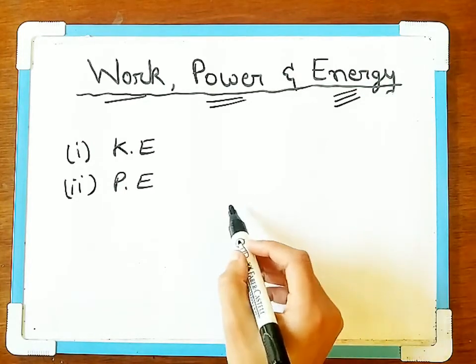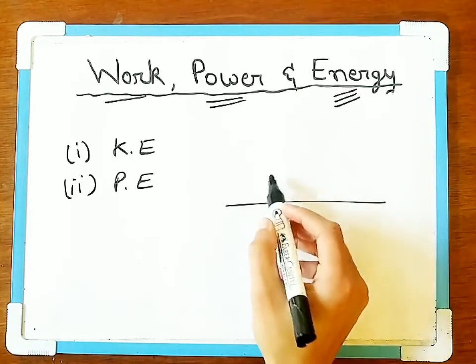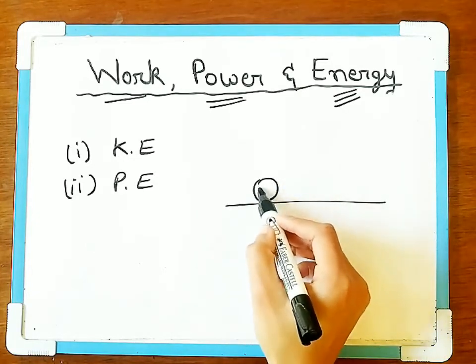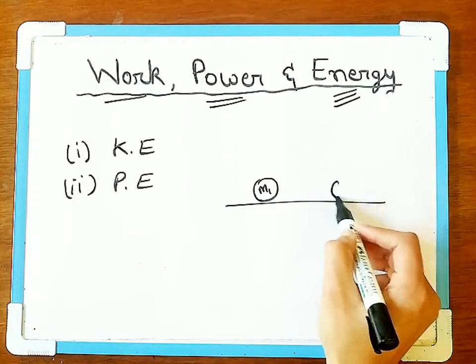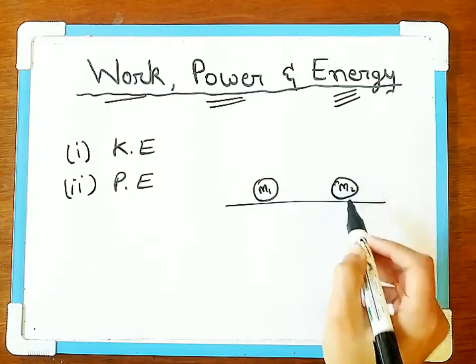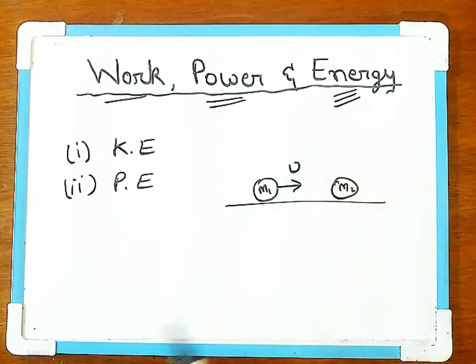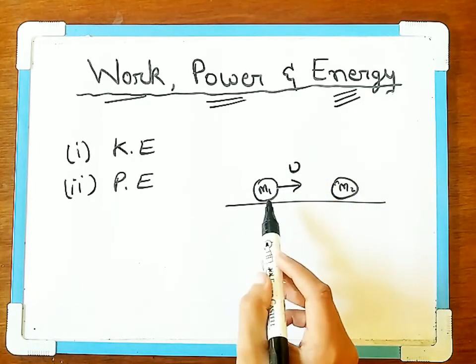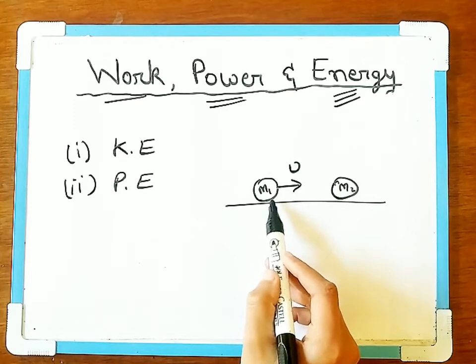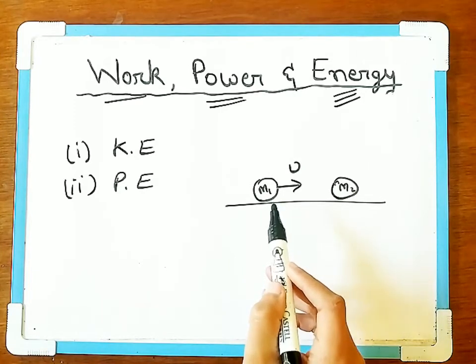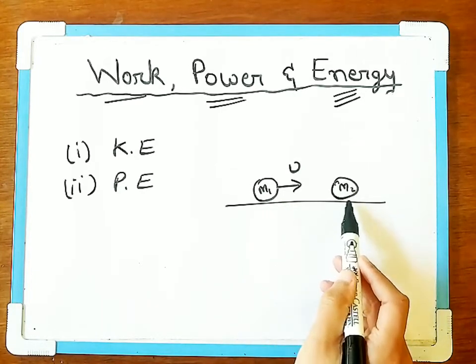Suppose we have two balls, one of mass m1 and another of mass m2, and say m2 is at rest first and m1 is moving with some velocity v. Then this ball of mass m1 has the capacity to displace this object.